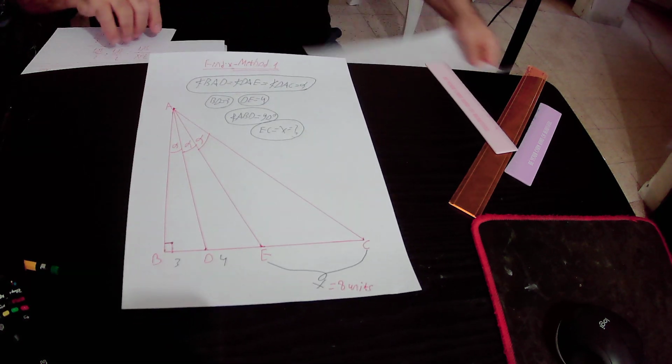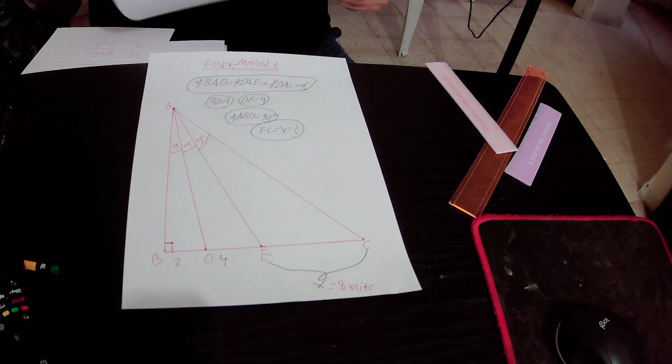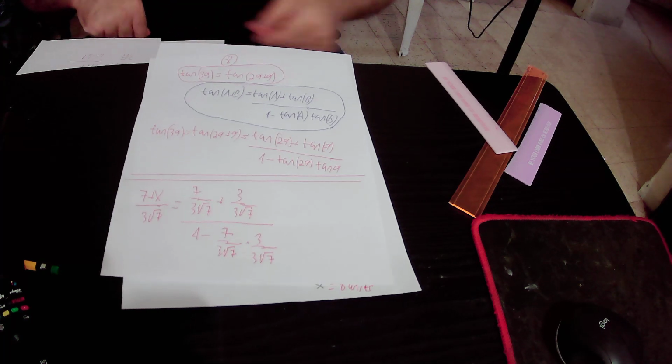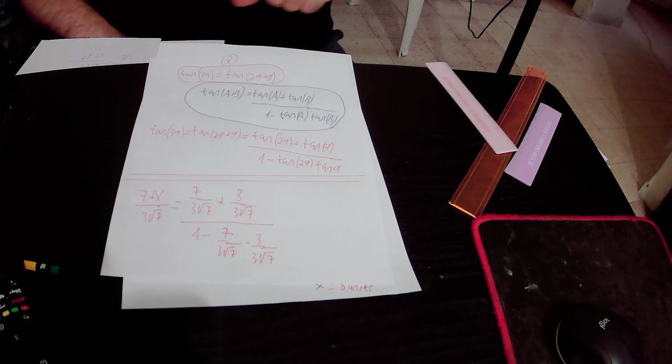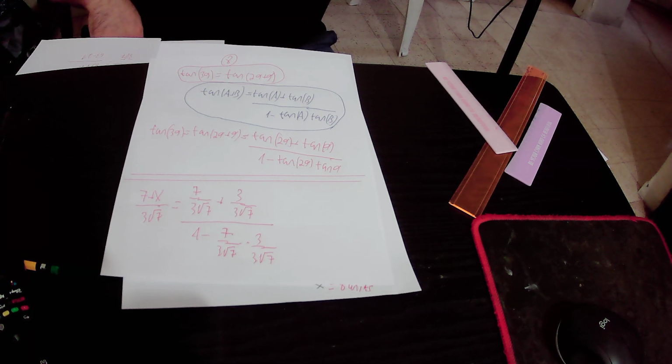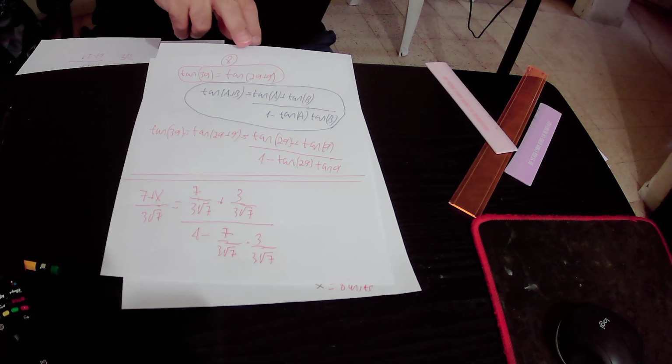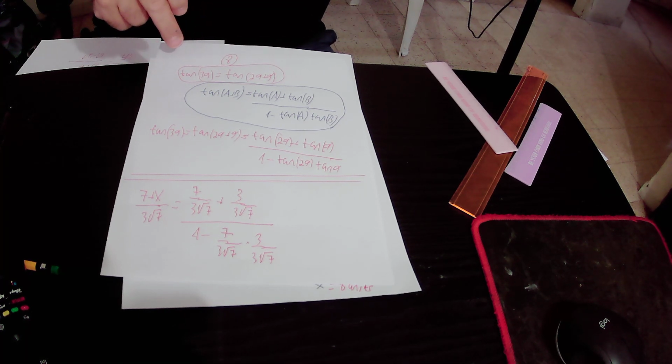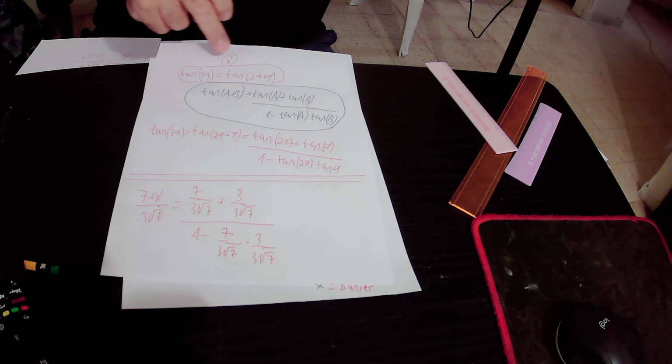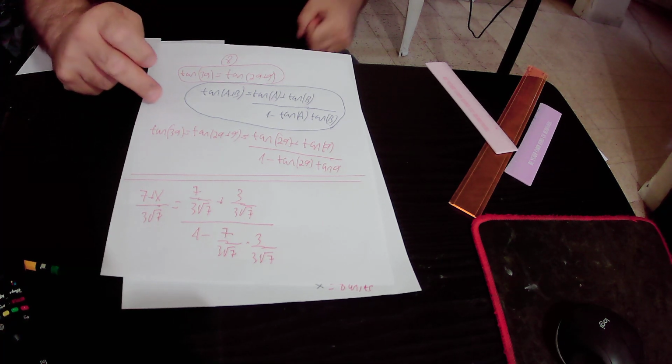Then we also know that tangent 3 alpha equals tangent of 2 alpha plus alpha, yes? And in order to calculate it, we have this trigonometric identity that tangent of A plus B equals tangent A plus tangent B over 1 minus tangent A times tangent B. So we use this identity to find the value of tangent of 2 alpha plus alpha.